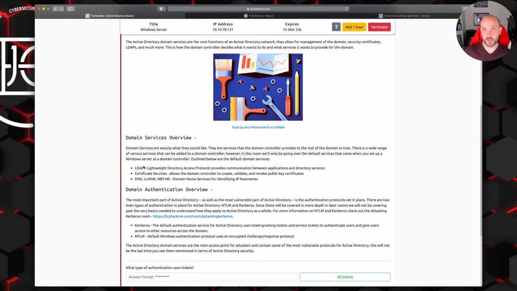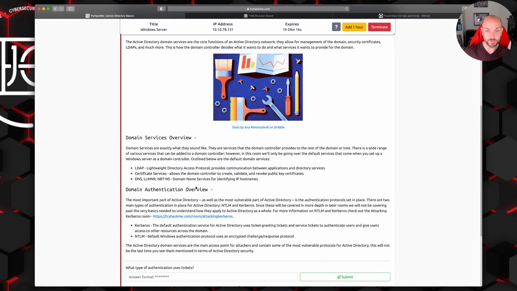Before, I talked about the scenario of having an application and needing a service account that would be able to query Active Directory. The way it might query Active Directory, especially if it's not a Windows application, would be using a protocol called LDAP. You'll see that a lot, especially if you're using Linux devices within the environment, which might also use LDAP for querying back to Active Directory when users are logging on.